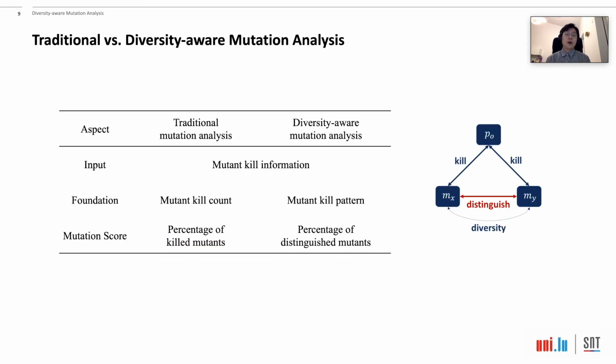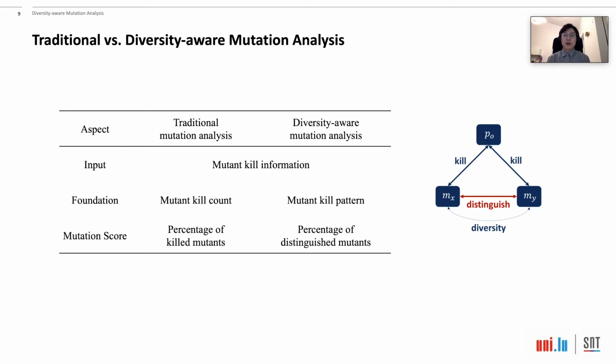In summary, both traditional and diversity-aware mutation analysis use the same input, which is the mutant kill information, but they are different in the way of using the same information. The traditional mutation analysis used the mutant kill count, while the diversity-aware mutation analysis used the kill patterns.